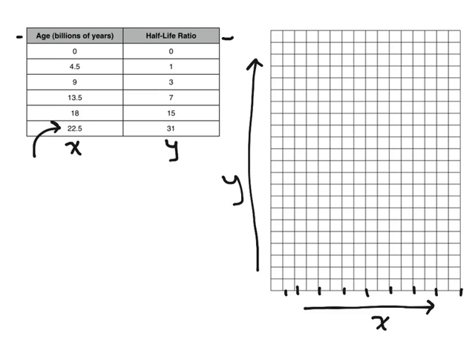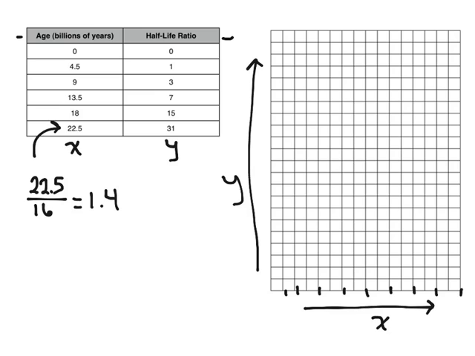So to figure out our scale, we take 22.5 and divide it by our number of squares available on the grid. I'm using a calculator here, 22.5 divided by 16 gives me 1.4.